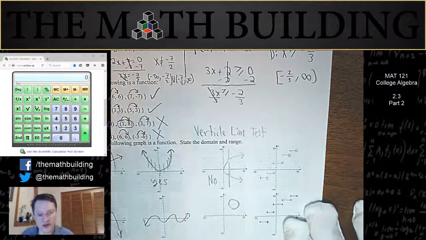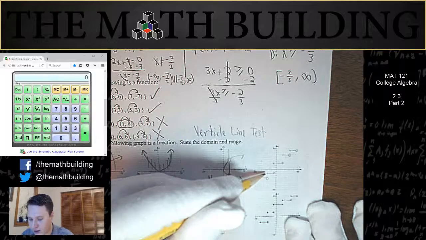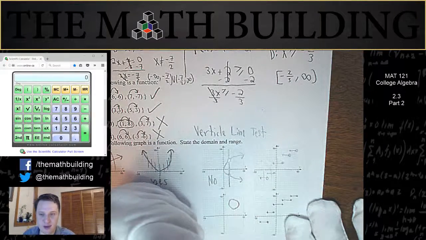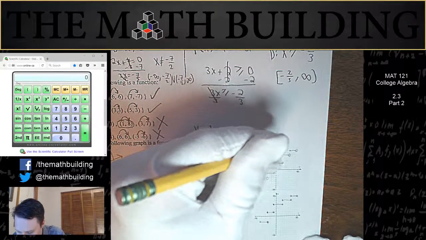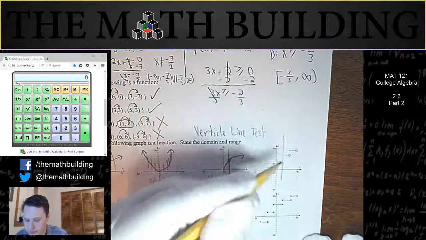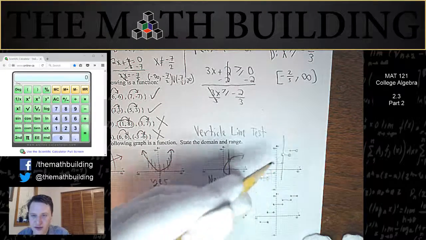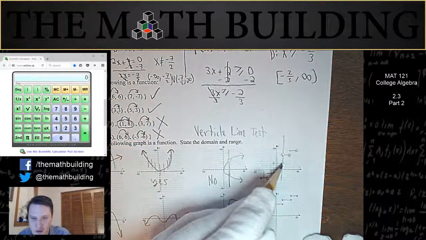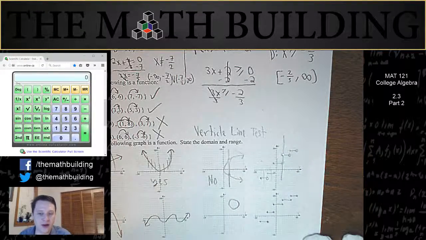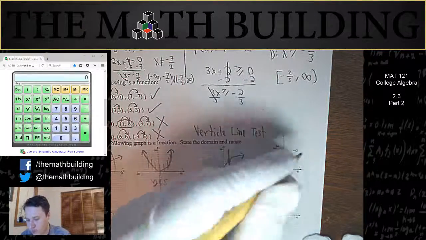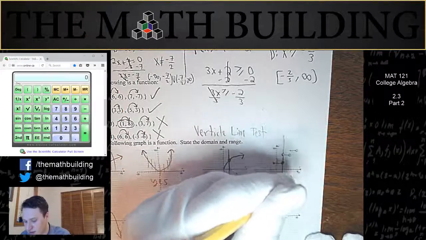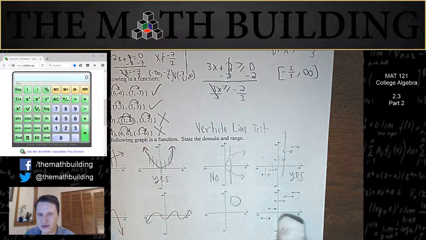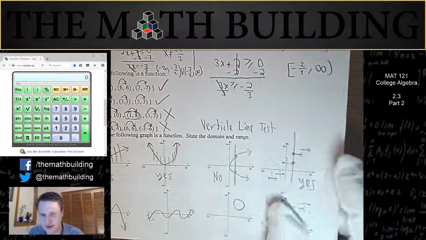And the answer is actually yes, because every vertical line I draw through it is only going to touch the graph in one place, and if I draw a line through these weird steps, it's going through the graph here, but this is an empty dot, so that actually doesn't count as part of the graph. So I'm actually only touching the graph in one place. So this actually is okay. This is a function. Do you see how this one might be different? We'll look at it in a second.